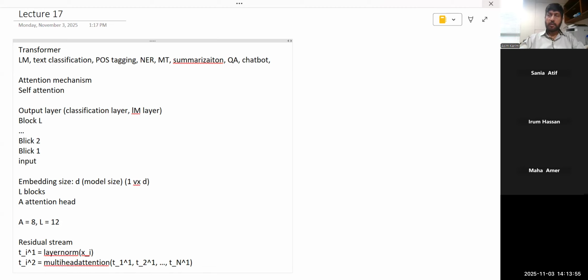So T2, the component vector T that has come, is basically the output of the multi-head attention mechanism, and we discussed this last time.